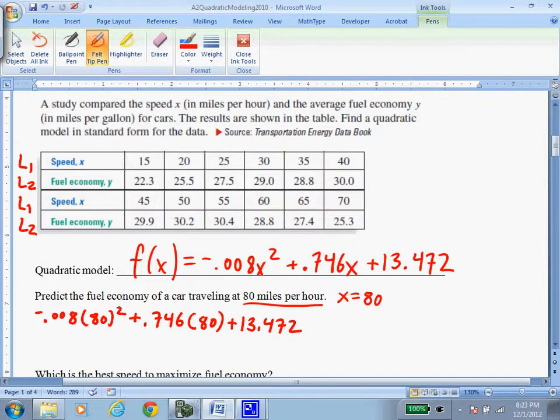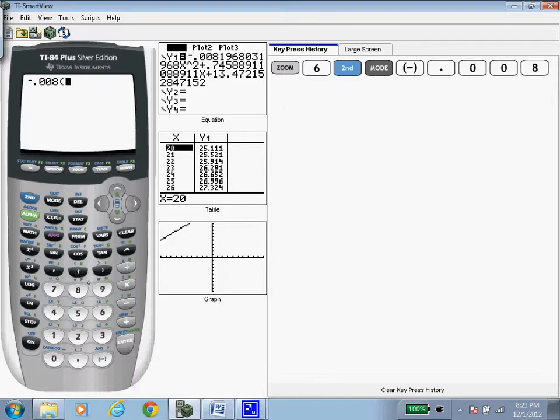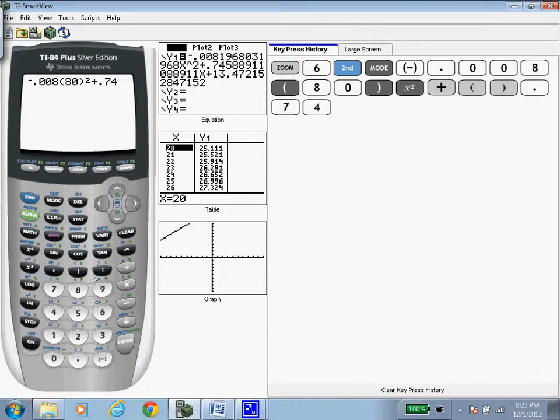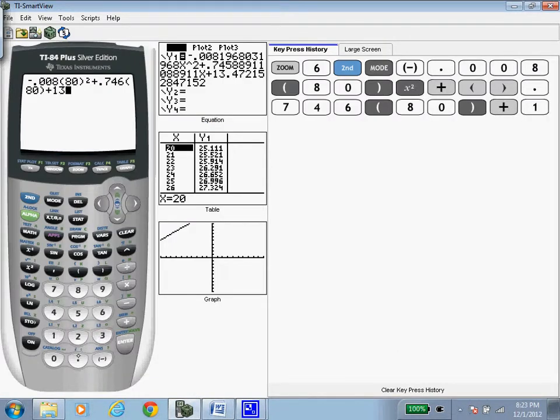And now I'll just go to my handy dandy calculator, go to my home screen, and I'm typing it in. And so there's our answer. Let's just keep in mind that that's there.